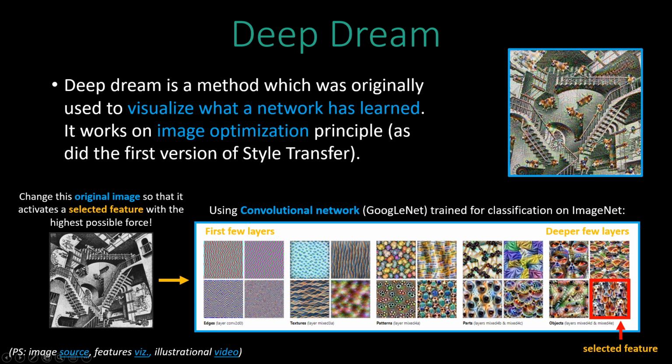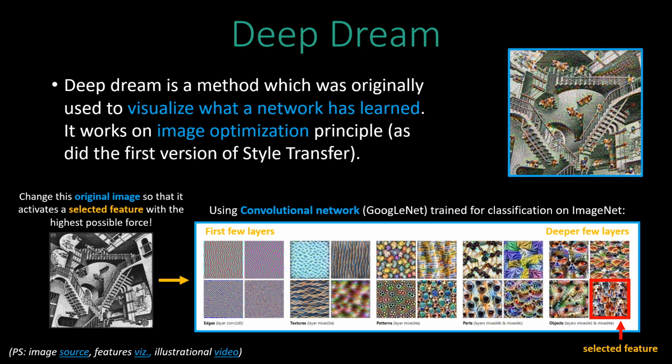So when iterating over this, we will look at the original image and change it bit by bit to activate that selected feature. And so if we selected a feature which includes dogs, or which has been trained to identify dogs, then this optimization will change the original image to maximize the shapes which are representative of dogs.